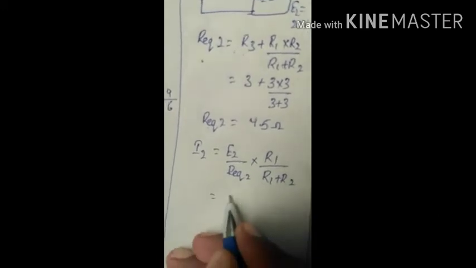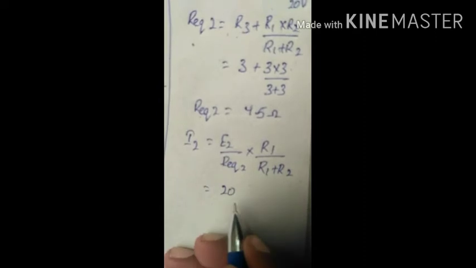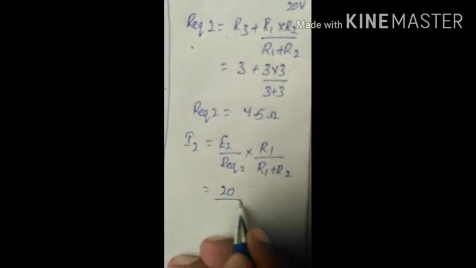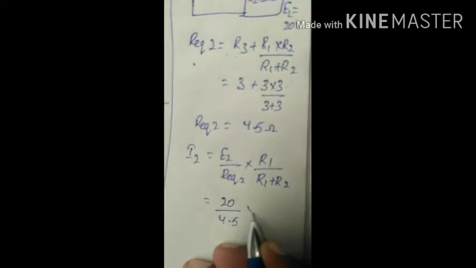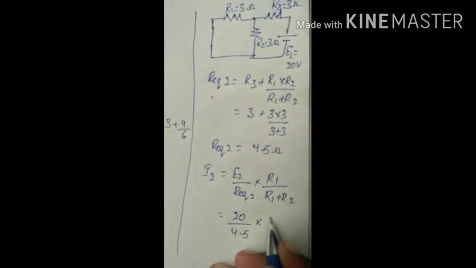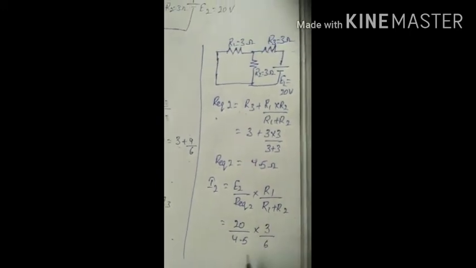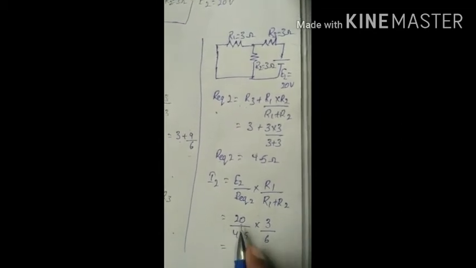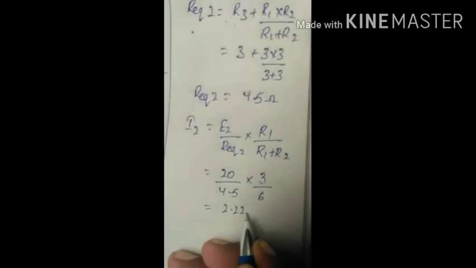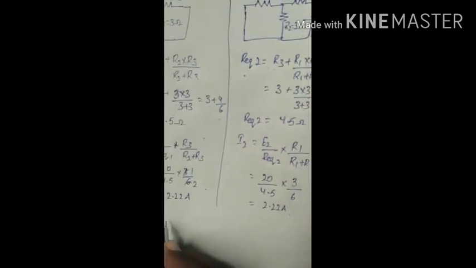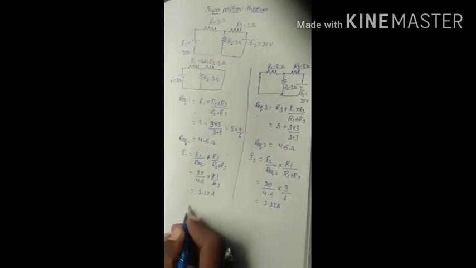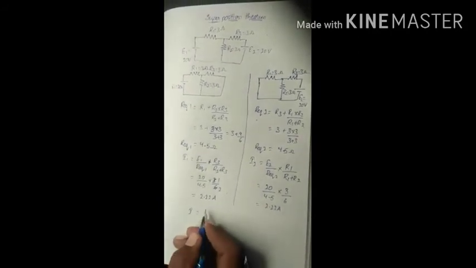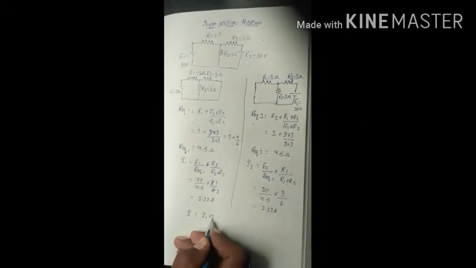By doing this, E2 voltage source is 20 volts, and R equivalent 2 is 4.5 ohms, and R1 is 3, and I2 is 2.22 amperes. After this, we find the total current, which is I1 plus I2.